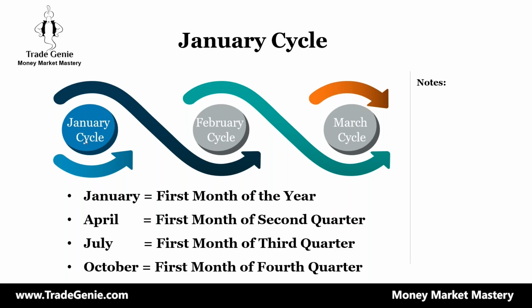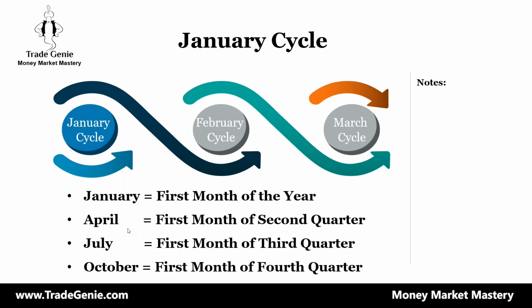And because January is the first month of the year, they assign the first month of each quarter to this cycle. The first month of the first quarter is January itself. The first month of the second quarter is April.